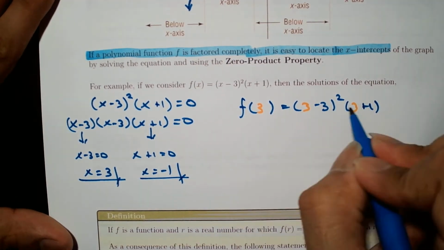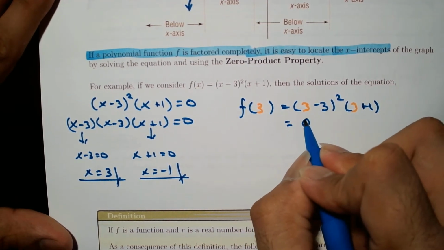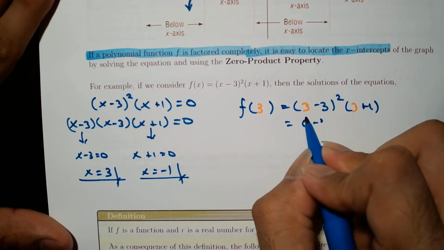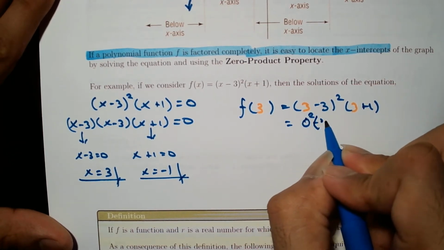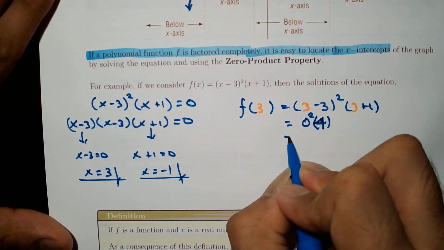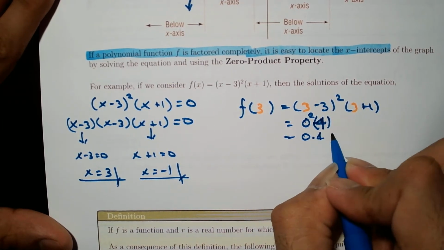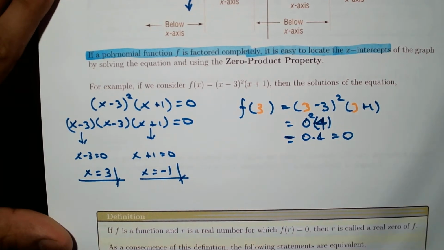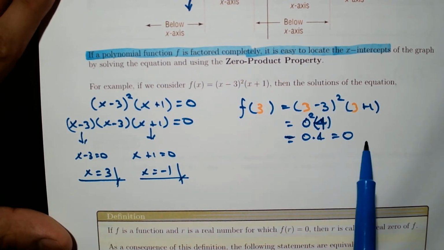I'm going to get 0 squared times 3 plus 1, which is 4. But in this case, this is going to be 0 times 4, which equals 0. That's again going back to the zero product property. We get the values of x for which the given polynomial is 0.